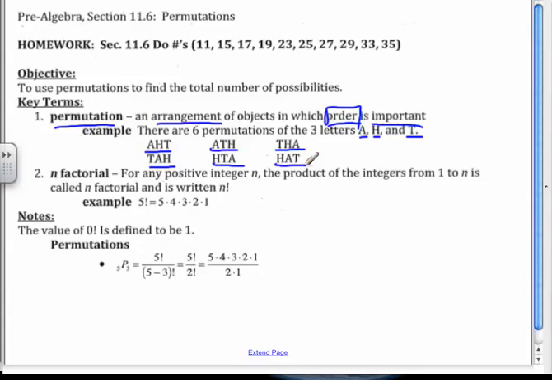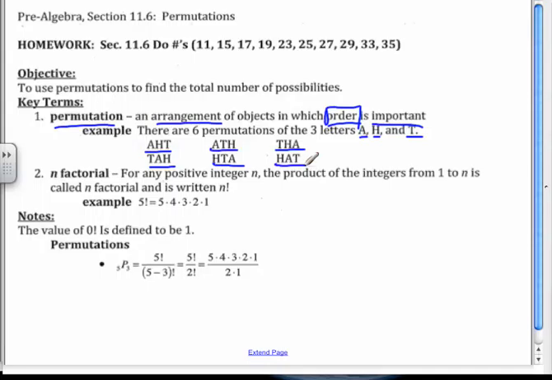Now think about this. If I said that I was going to give you guys a test or something like that, and I was going to give the top three scores a blue ribbon. Max, does order matter? If I said I'm going to give the top three guys a blue ribbon, does it matter which order I give them in? No. But what if I said I was going to give a prize for first, second, and third, Jackson? Now does order matter?